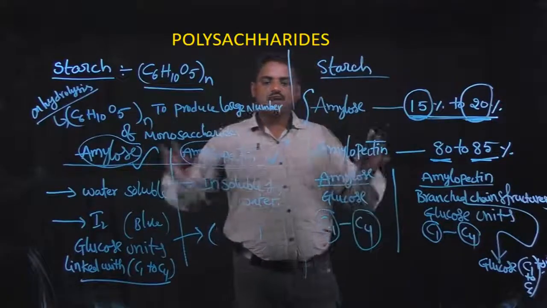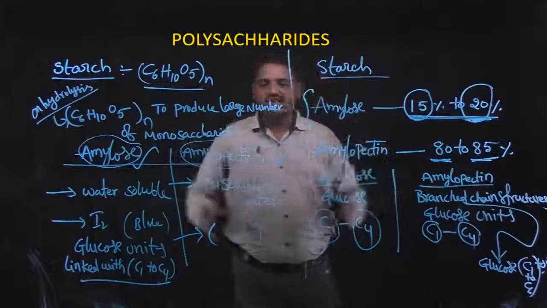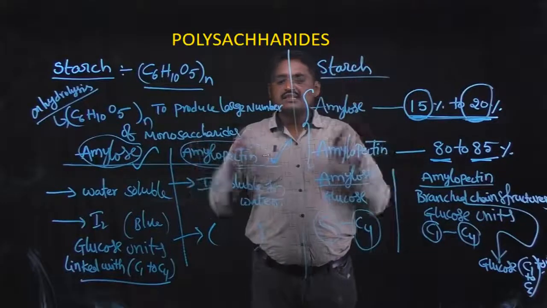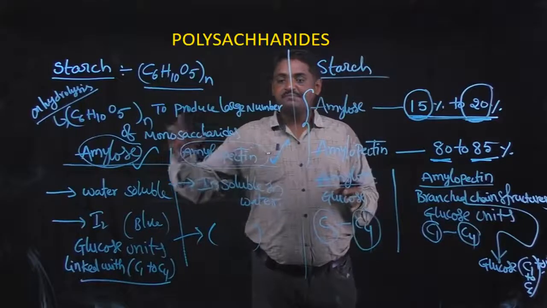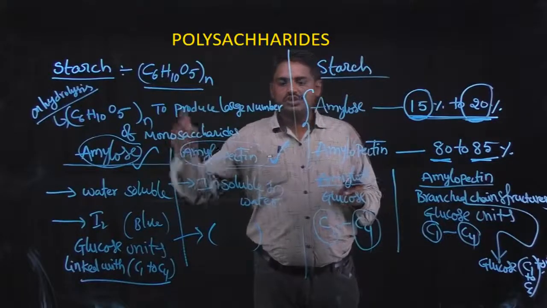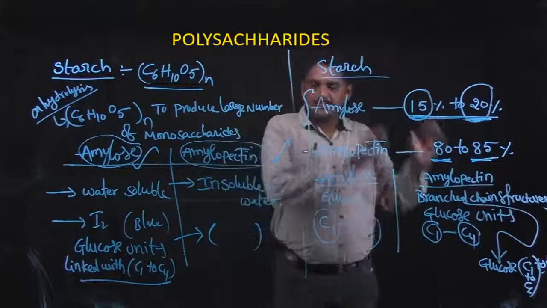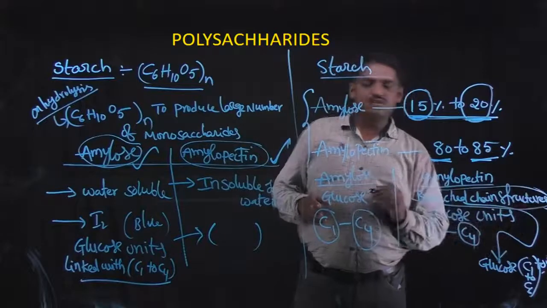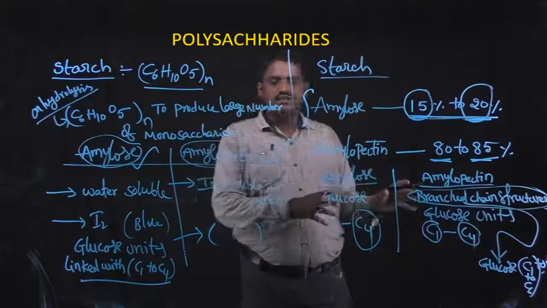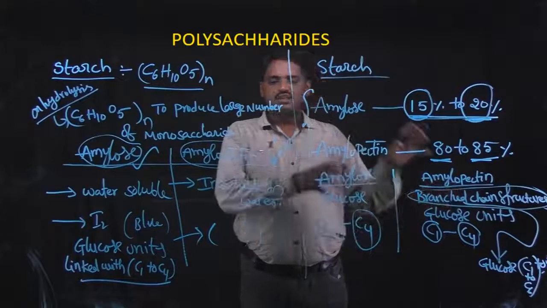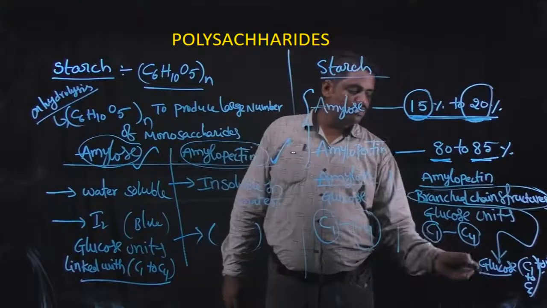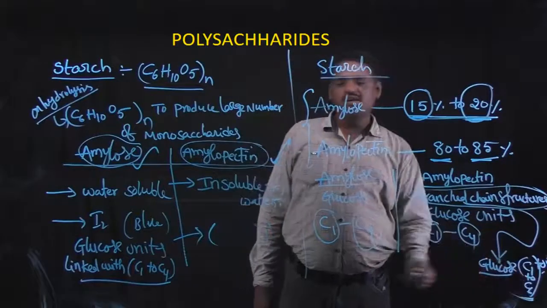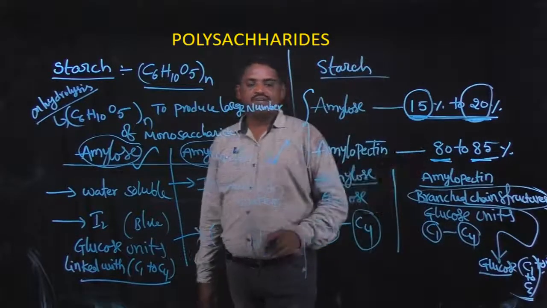Generally, all monosaccharides, disaccharides and polysaccharides have only C1 C4 linkage, except sucrose, which contains a C1 C2 linkage. This is the special case only in the branched chain part, where the first carbon of the first glucose is linked with the sixth carbon of the second glucose. That is the linkage of amylopectin.